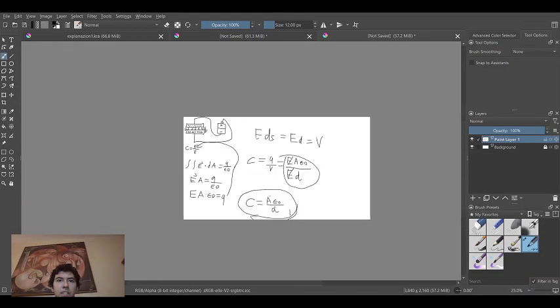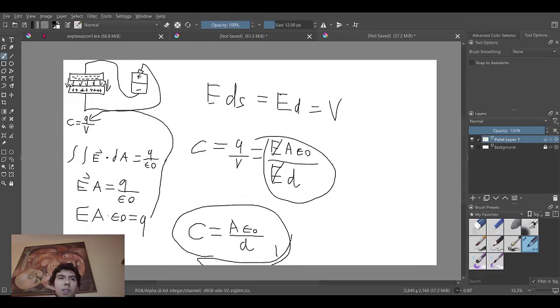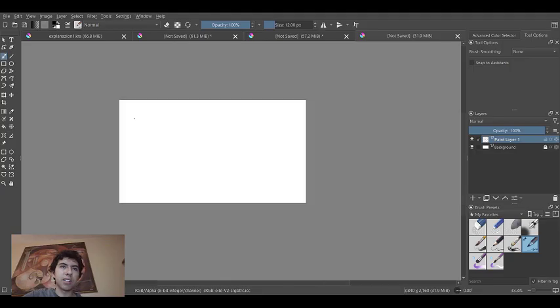All right. So now that this is explained, I'm going to have to explain their behavior in circuits. So let's make a new one. Now a capacitor is interesting.